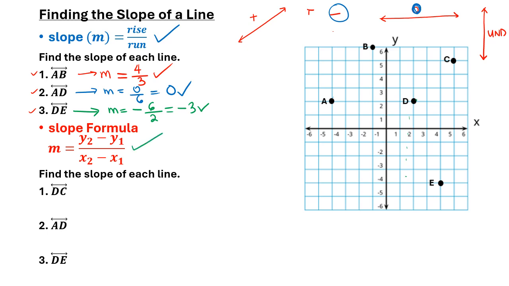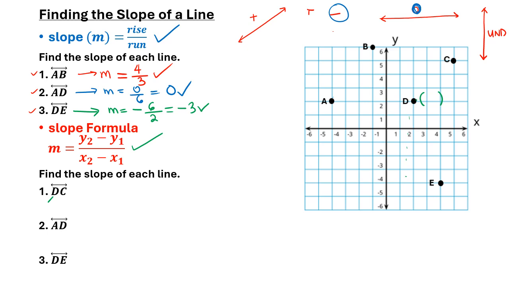We're going to use the formula y2 minus y1 divided by x2 minus x1, which means we are looking to find the coordinates of D and C. This is where the subscript 2 and subscript 1 are coming from. We need the coordinates for D, which will form x1, y1.